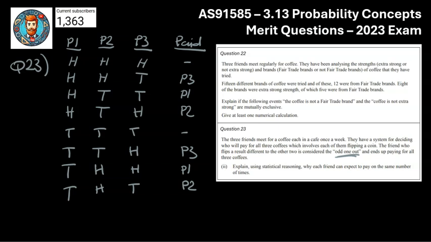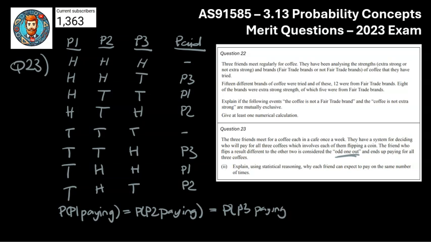So let's talk about the probability of person 1 paying. That is going to be equal to the probability of person 2 paying. And that is going to be equal to the probability of person 3 paying. She's running out of room. And all of those are 2 out of 6.